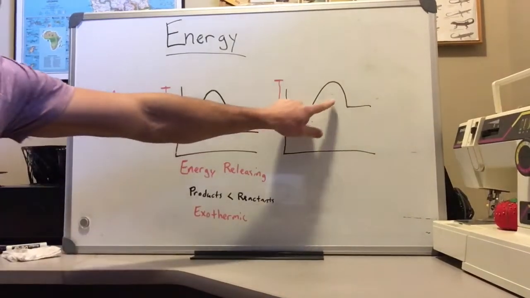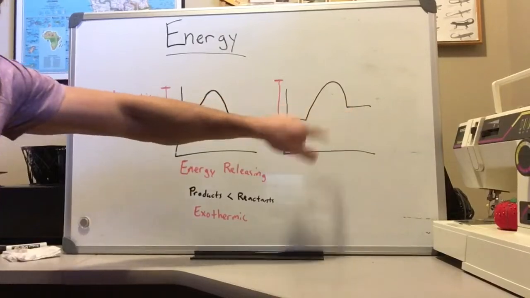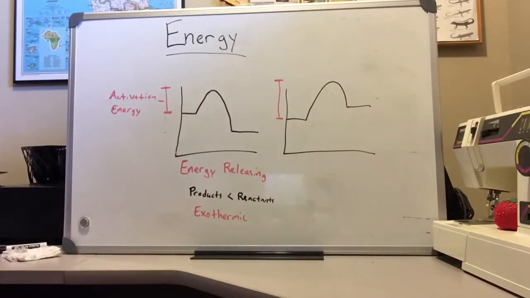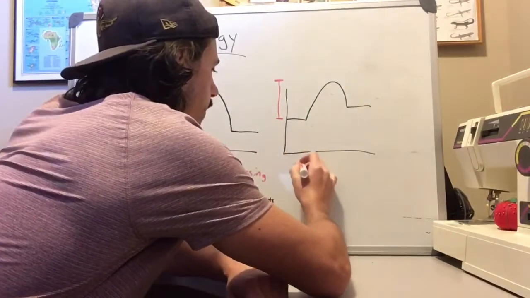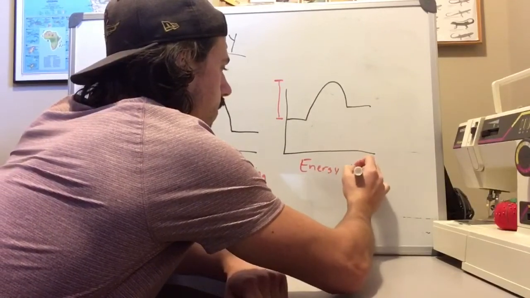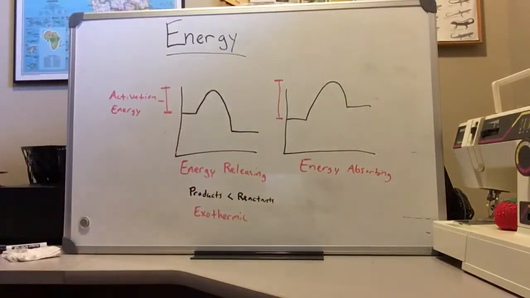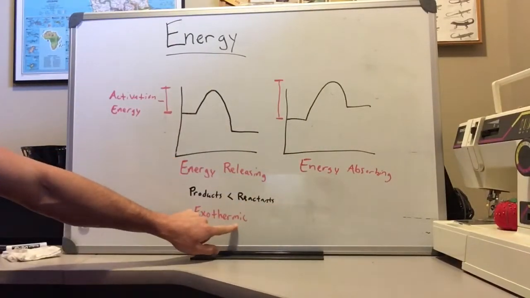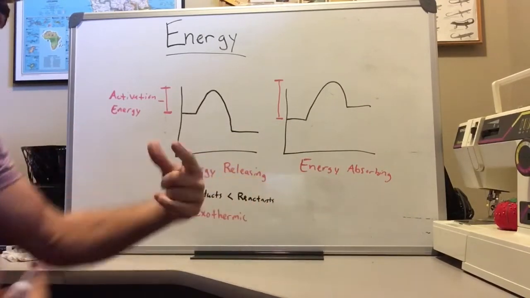In our second graph, what we see is that the energy level of our products is higher than the energy level of our reactants. So this is an energy absorbing reaction. Okay, and where we had an exothermic reaction here, in this case what we're doing is we have to absorb energy or absorb heat.